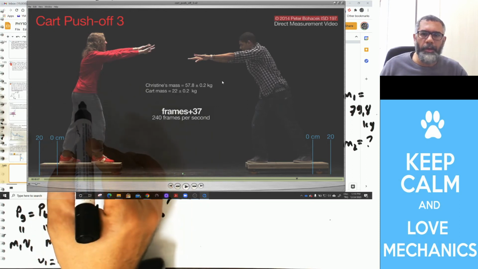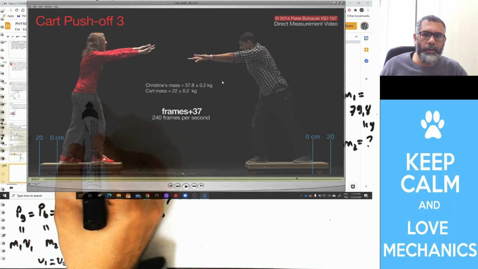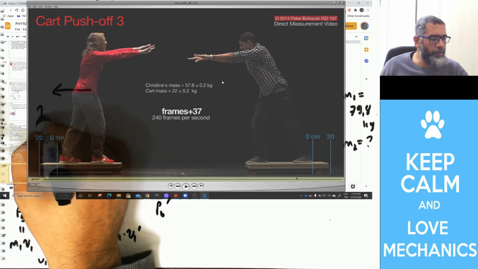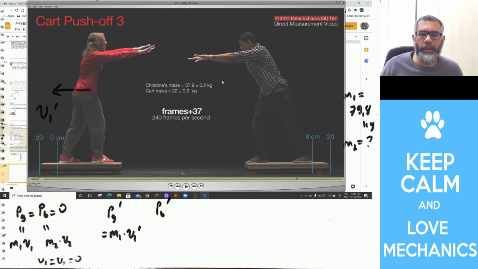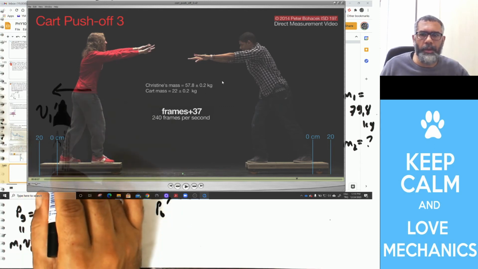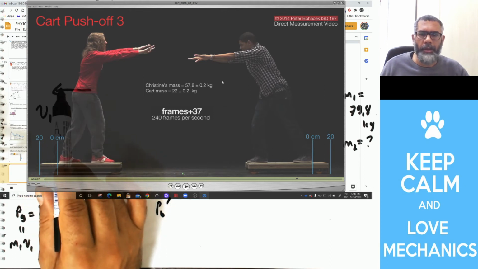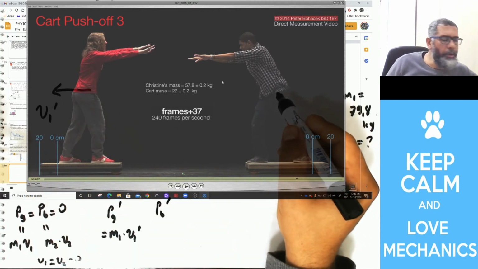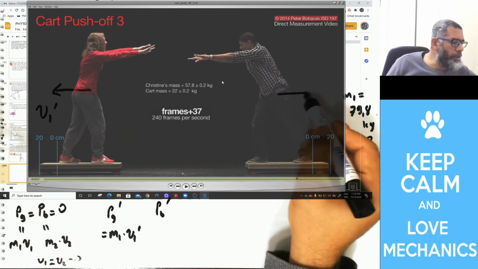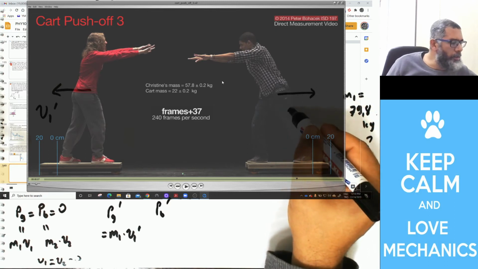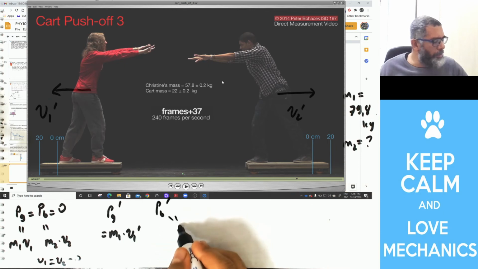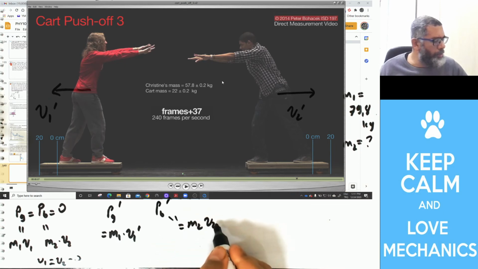Let me just put an arrow on the girl in this direction and put v1 prime. I hope you are able to see this vector because the background is black, but there is some light anyway. And for the boy, let's put his velocity toward right as v2 prime. So pb prime is going to be m2 times v2 prime.